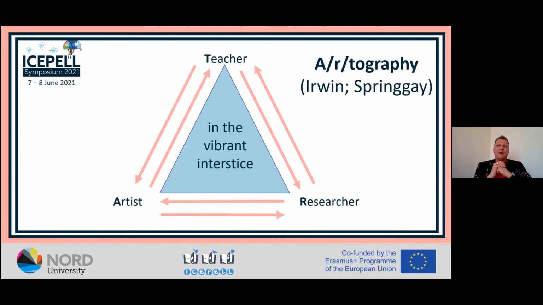And this really, really inspired me when I started looking and reading and writing about artography and applying it to picture books, because I thought this is such a wonderful conceptual framework that we can bring into teacher education, and also we can bring into teaching. And that's what I'm going to try to do in this session today.